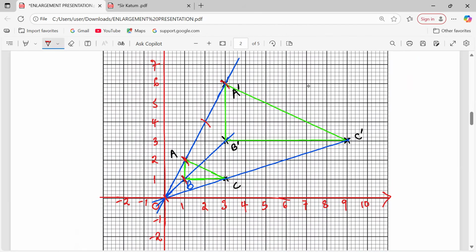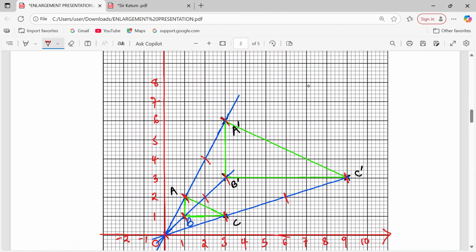So it's 1, where B is, 2, 3. So it's fitting 3 times. I hope that you are able to see the way I'm putting the marks. Then again, look at C. From the center to C, we have 1, twice, 3 times. So the distance is fitting 3 times in all the cases.